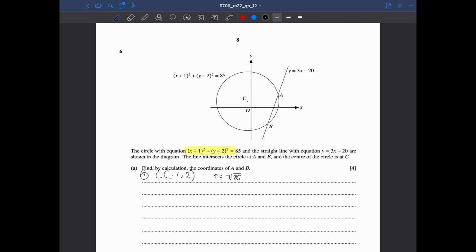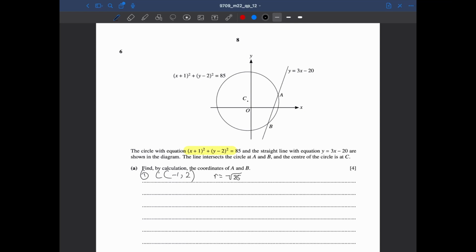And a straight line with the equation y equals 3x minus 20 are shown in the diagram. The line intersects the circle at A and B, and the center of the circle is at C. Find by calculation the coordinates of A and B. All right.